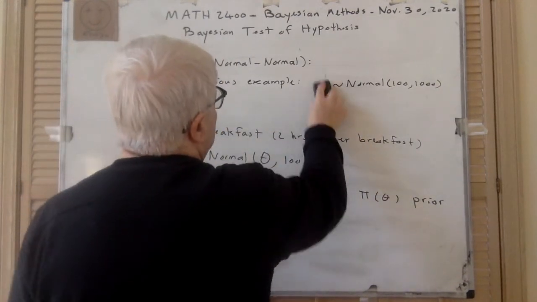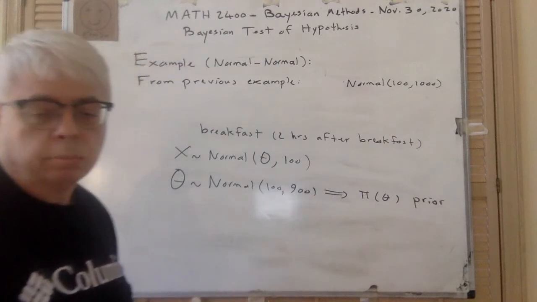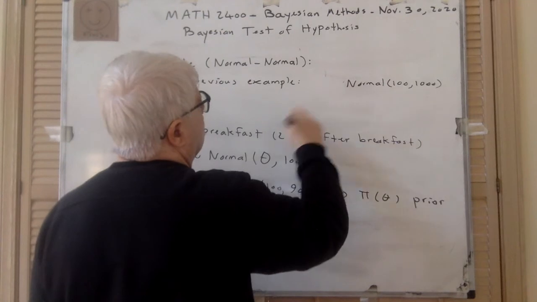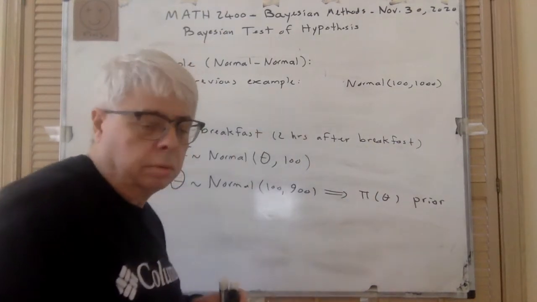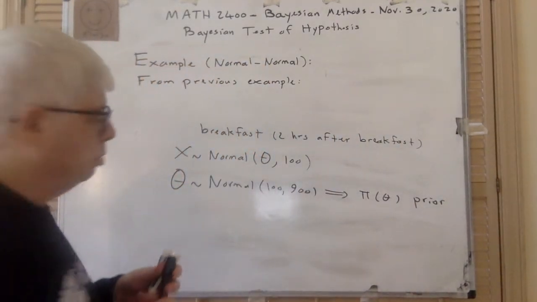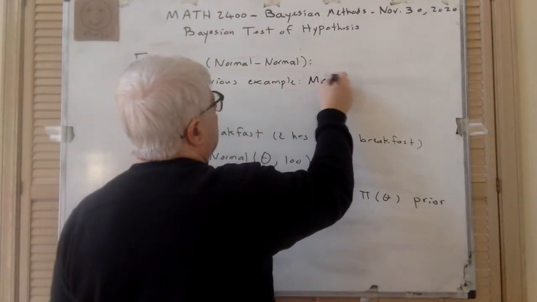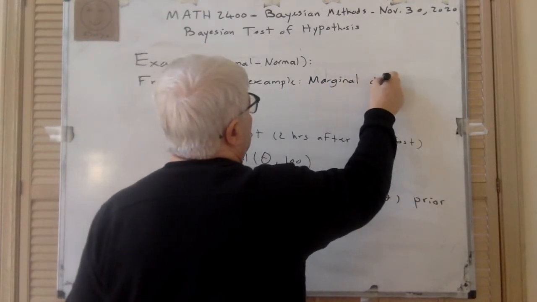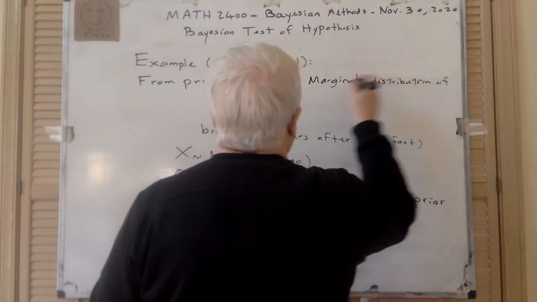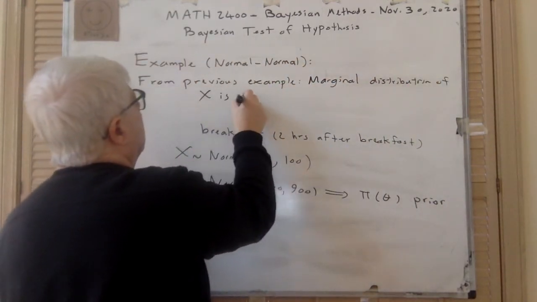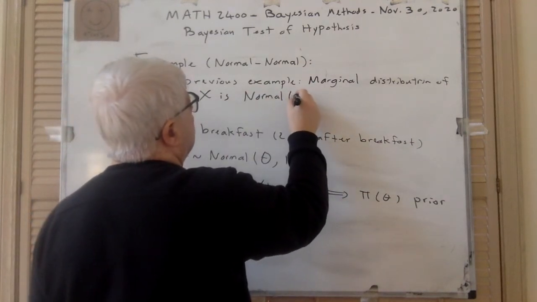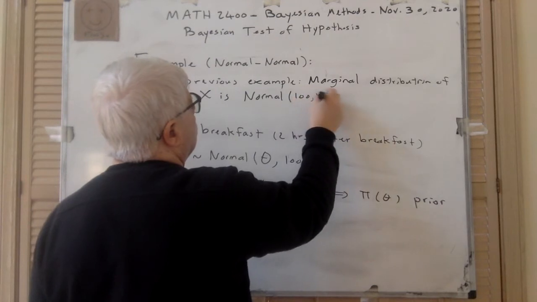This is not X, that's marginal X. I could have written X, that's okay, but anyway, 1000.